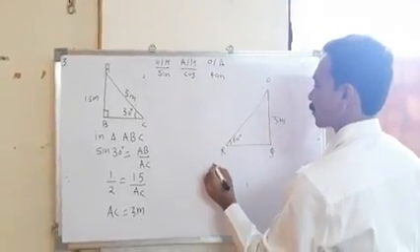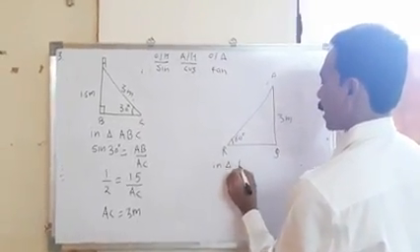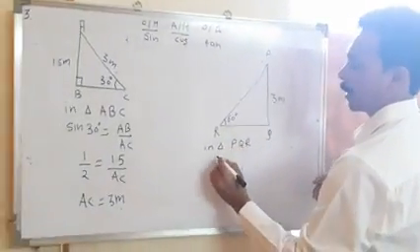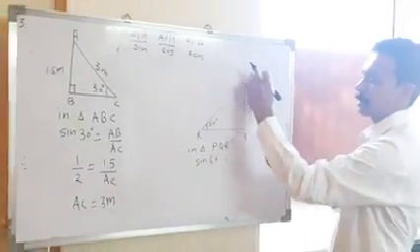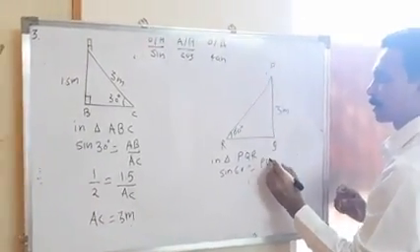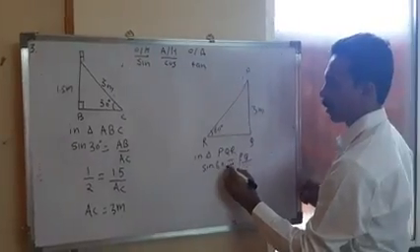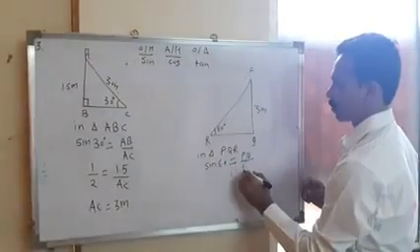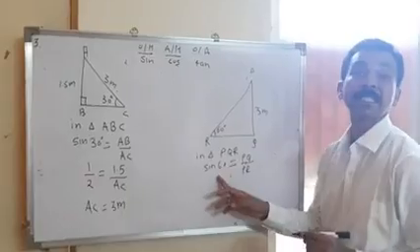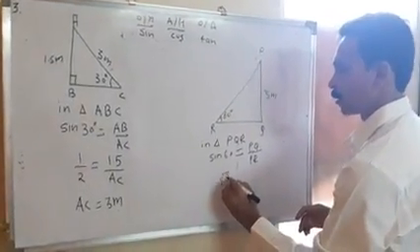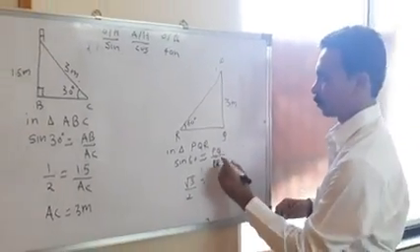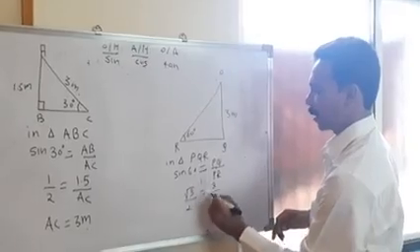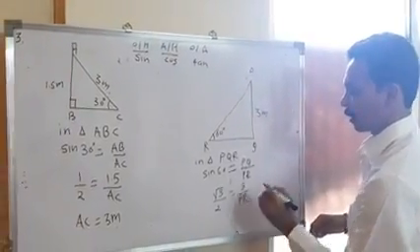So I will write here. In triangle PQR, sine 60 is equal to opposite, PQ, upon hypotenuse, PR. What is sine 60? Root 3 by 2 is equal to PQ, which is 3, upon PR.